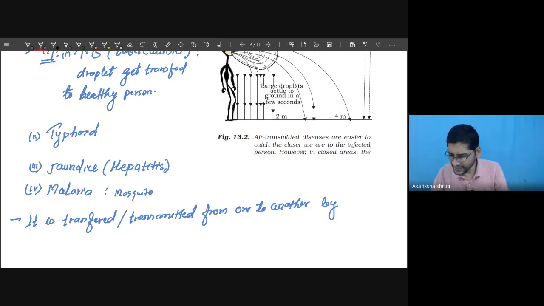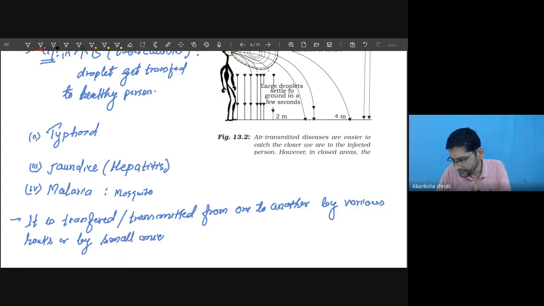So it is transmitted from one to another by various routes, or by a small organism called a vector. They are basically the pathogens.